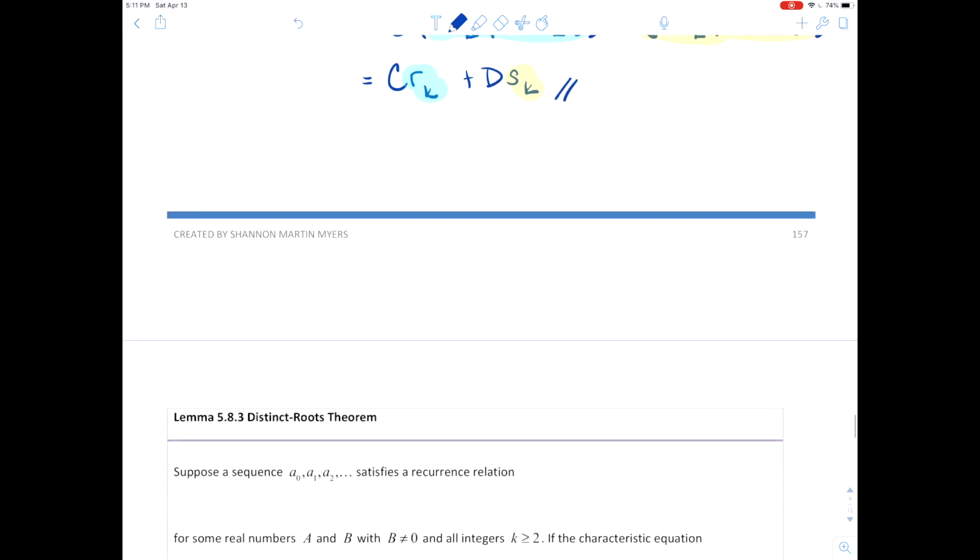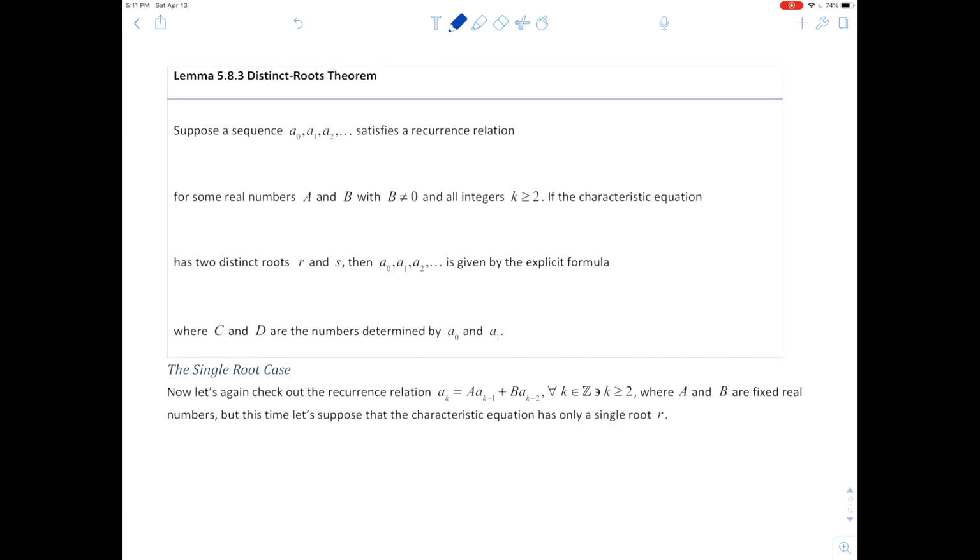Cool? All right, so next up, we're going to look at this lemma called the distinct roots theorem. Suppose a sequence A0, A1, A2 satisfies a recurrence relation A sub k is equal to capital A times A sub k minus 1 plus capital B times A sub k minus 2 for some real numbers A and B with B not equal to 0 and all integers k greater than or equal to 2.